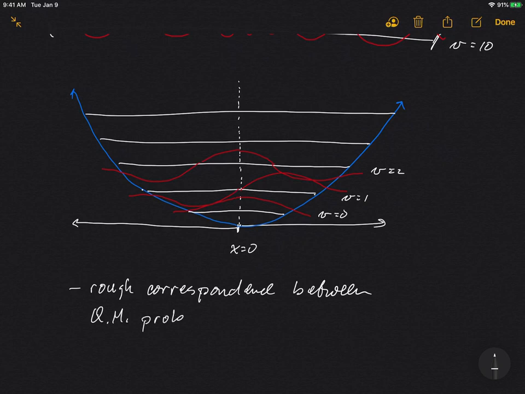And of course, the probability density is the wave function modulus squared.